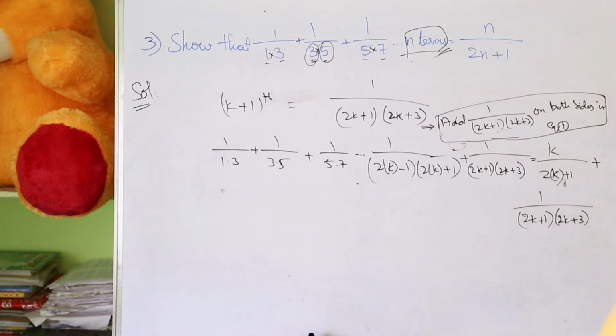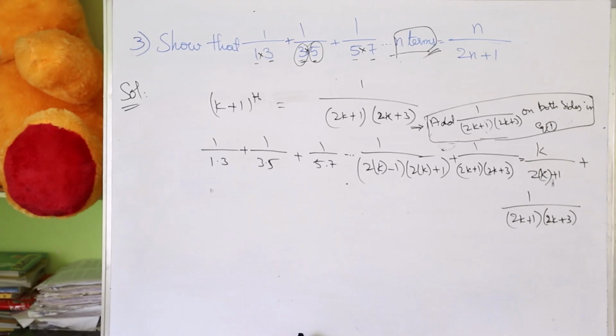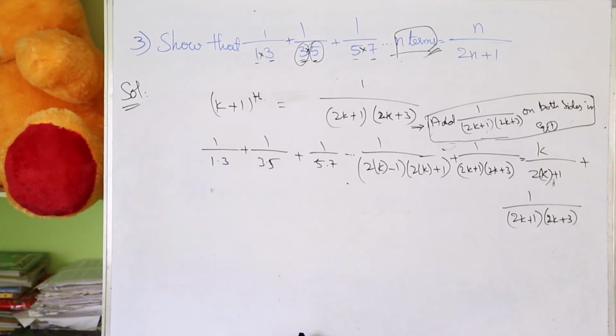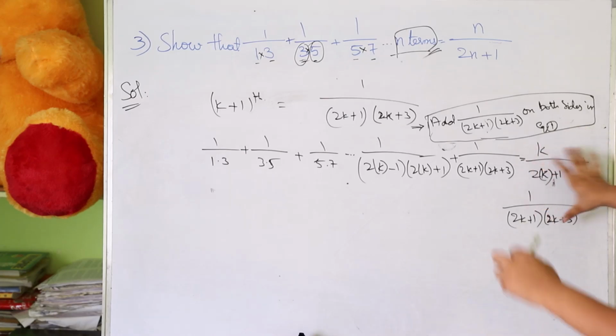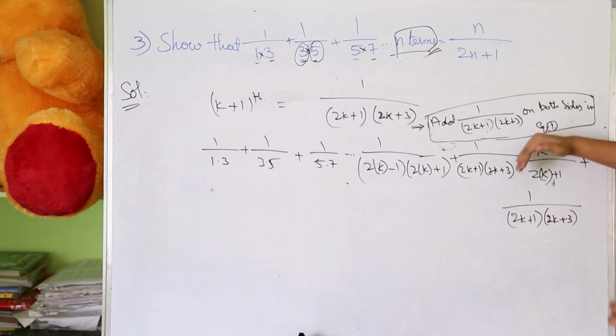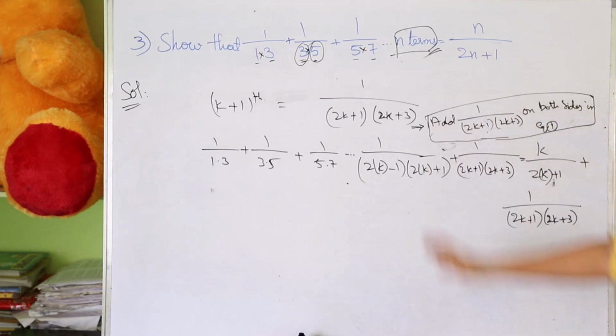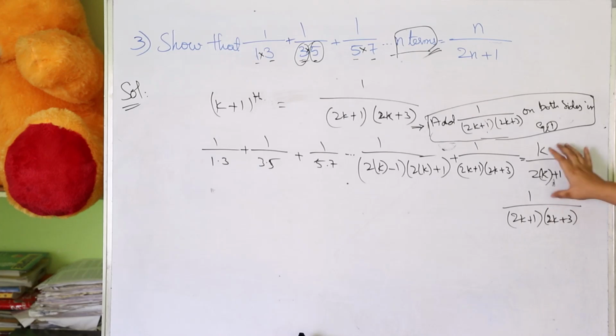Is your board clear? Both are one equation. This is the LHS side and this is the RHS side. Now you go for the RHS side and try to solve the sum.